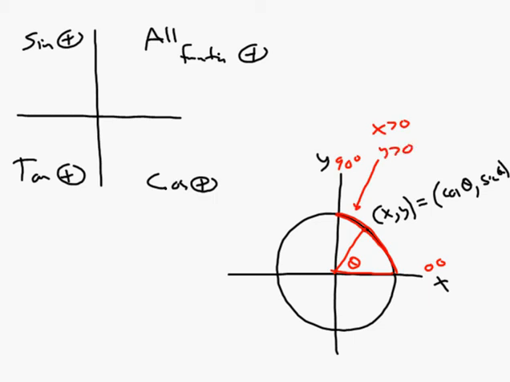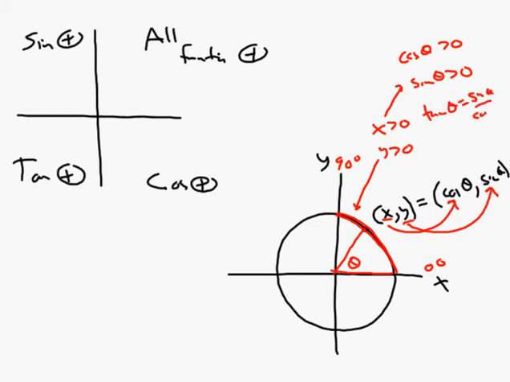But we also know that x is equal to cosine theta and y is equal to sine theta. So we can rewrite these as the cosine of theta is greater than 0 and the sine of theta is greater than 0. So that's why everything's positive in the first quadrant. Now, if you're worried about tangent, remember tangent theta is sine theta over cosine of theta. Well, a positive divided by a positive is a positive. So these are all positive in the first quadrant.